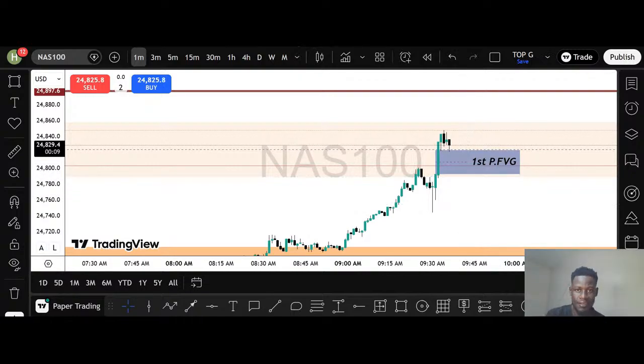So we are trading inside that first presented fair value gap that I've highlighted there.